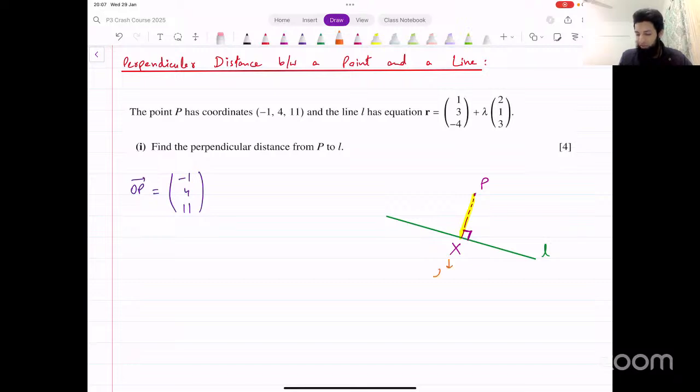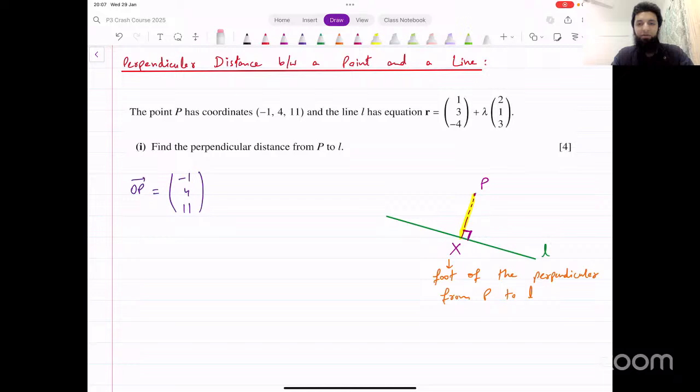This point is known as the foot of the perpendicular from the point P to the line L. So if we can find the foot of the perpendicular somehow, we can find the distance between these 2 points. Now, how do you find the foot of the perpendicular?